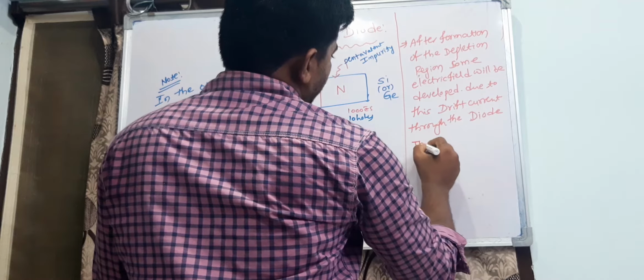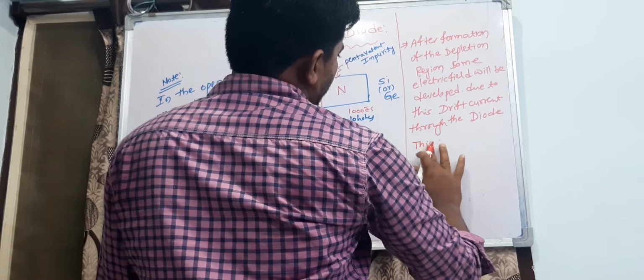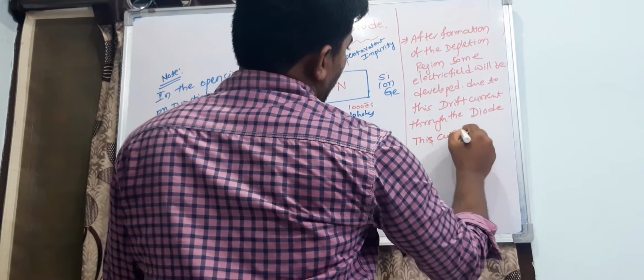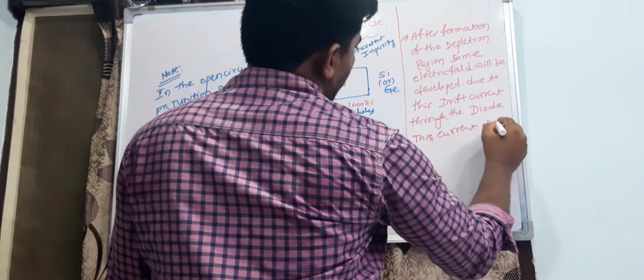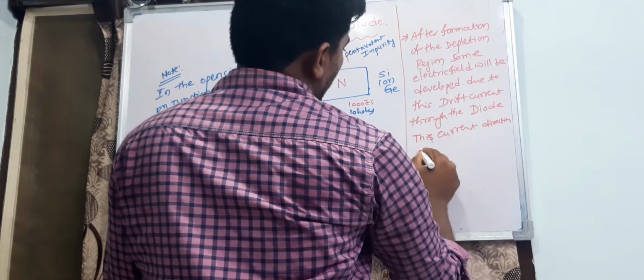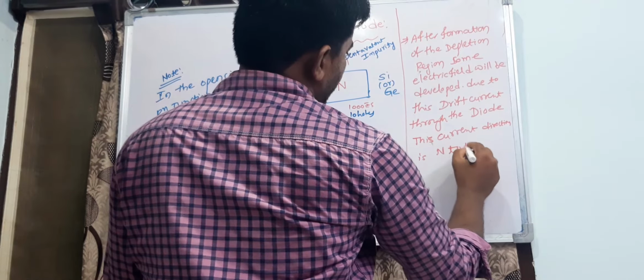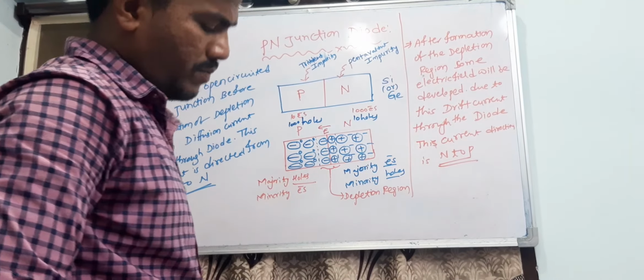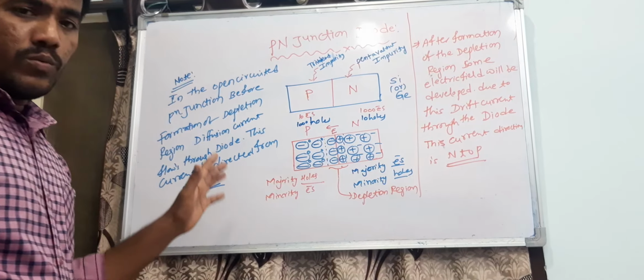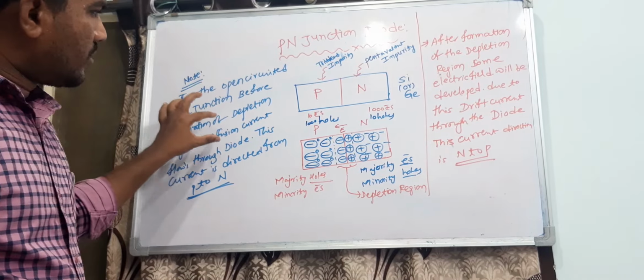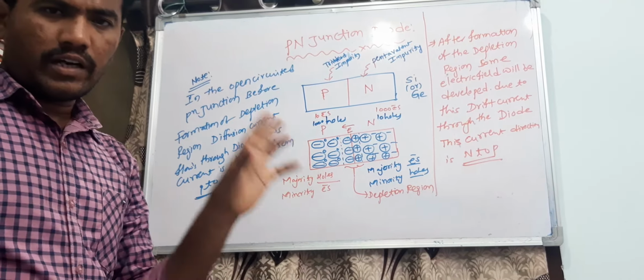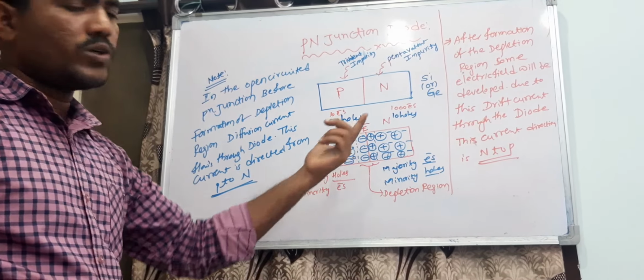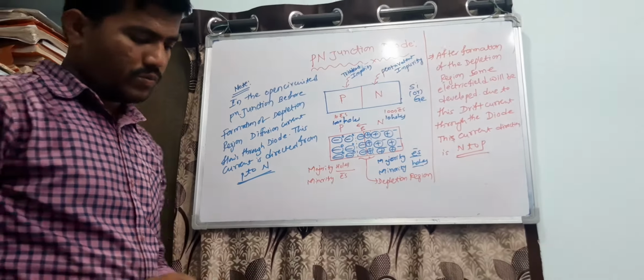So the drift current direction is N to P side. The diffusion current direction is P to N side, and the drift current direction is N to P side. So in the open circuited condition, both drift current and diffusion current are equal and opposite. That's why the current flowing through the open circuited condition is zero.